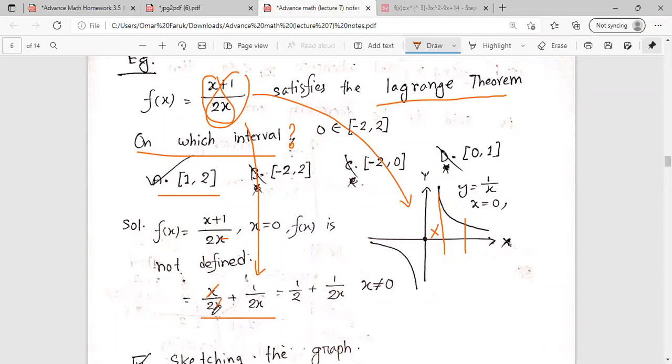Now x gets cancelled and we get half and 1 by 2x. So here x cannot be 0, right? Because if x is 0, then it becomes 1 by 0, and 1 by 0 is undefined. So that's why x cannot be 0. If x is equal to 0, then this function has no value, or this function is undefined.